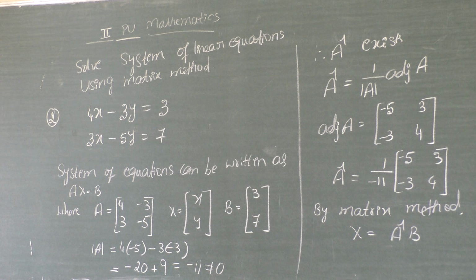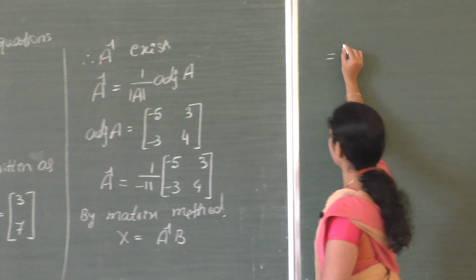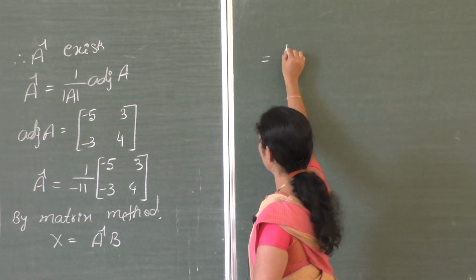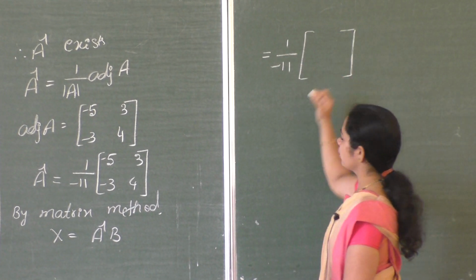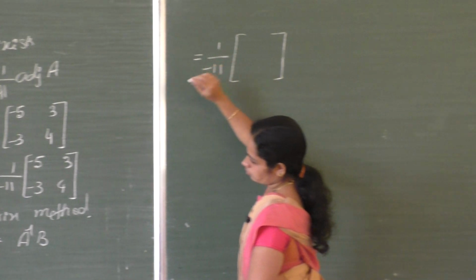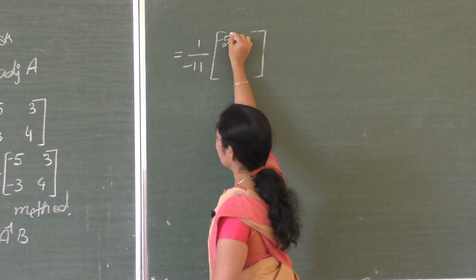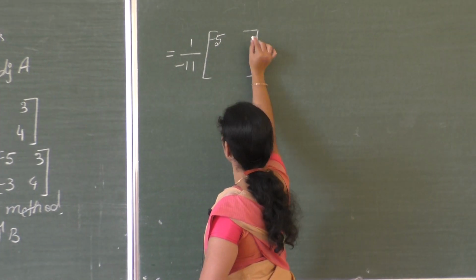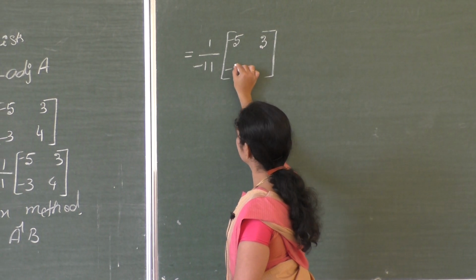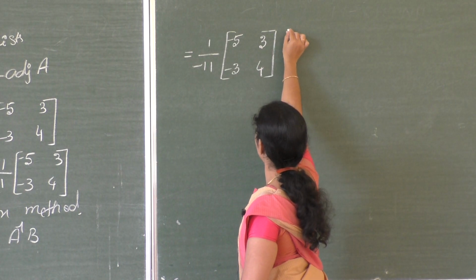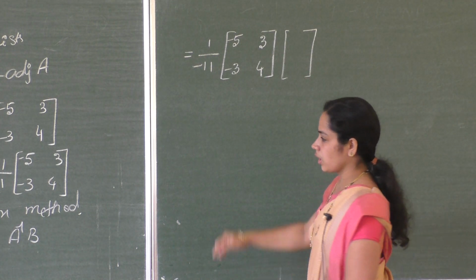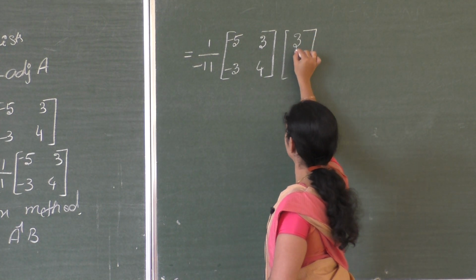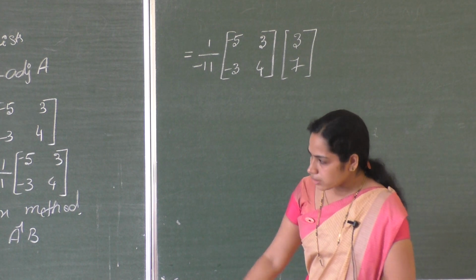Now this is equal to, what is A inverse? 1 by -11 into -5, 3, -3, 4 into B. What is B? 3, 7.